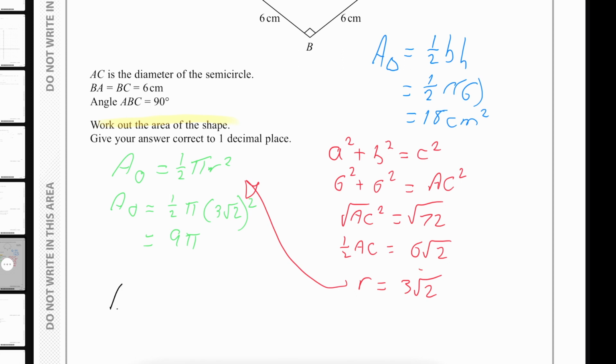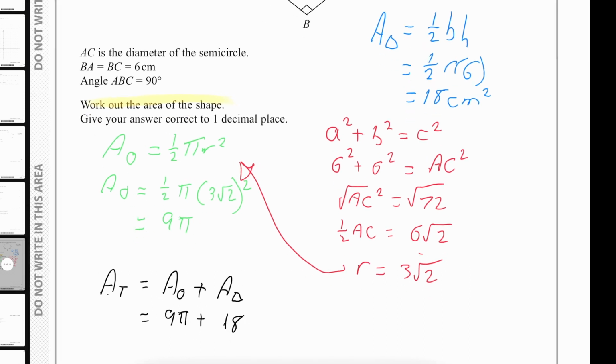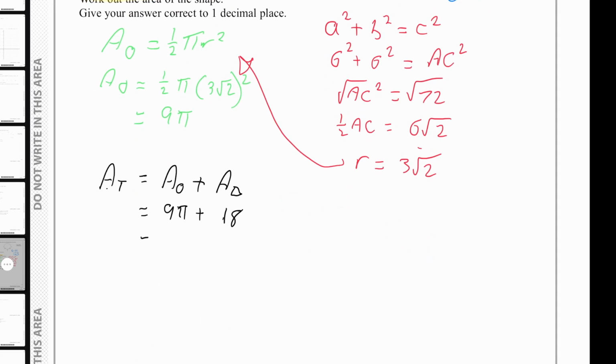We now still need the total area, which is area of my circle plus area of my triangle. So 9 pi plus my 18, which I had. And now at this point, we can get rid of my pi, and if there was a surd, get rid of a surd, and just write down what our calculator is asking us to calculate.